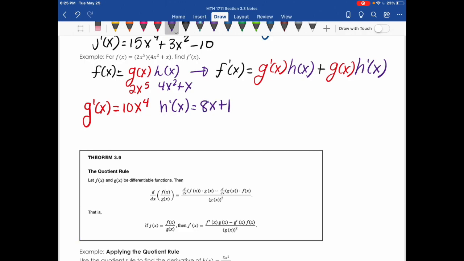And our derivative of h of x using our shortcut is going to be 8x plus 1. So now I can go ahead and plug in all that information. So I have g prime of x, which is 10x to the 4th times h of x, which is 4x squared plus x.